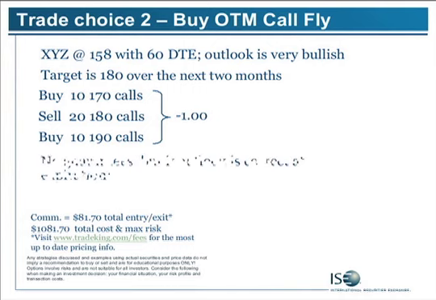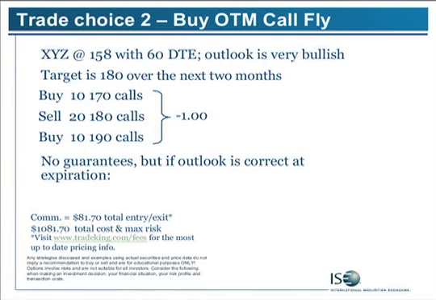Let's look at another scenario on slide 32. Same outlook, right? But here, instead of just buying 10 of the 170 calls, on top of that, you're going to sell 20 of the 180 calls, which corresponds to the target price that you have of 180 in your forecast. And you're also going to buy 10 of the 190 calls. This is a long butterfly spread, but the difference here is this is an out-of-the-money spread.